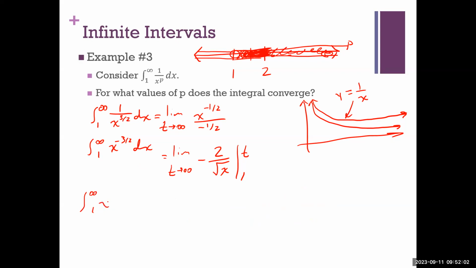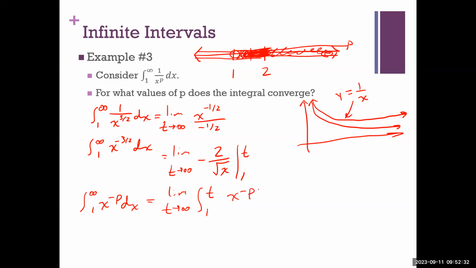What is the integral of x to the negative p dx, knowing that p is a constant? It's x to the negative p plus one over negative p plus one.